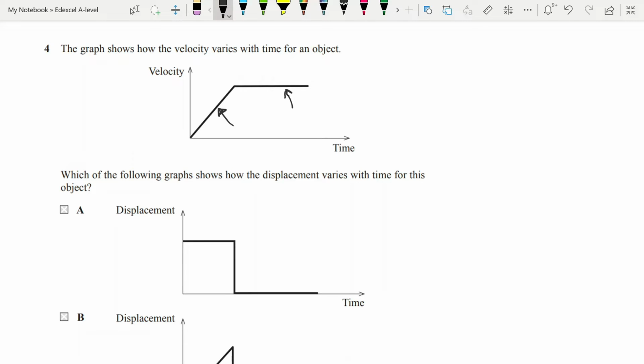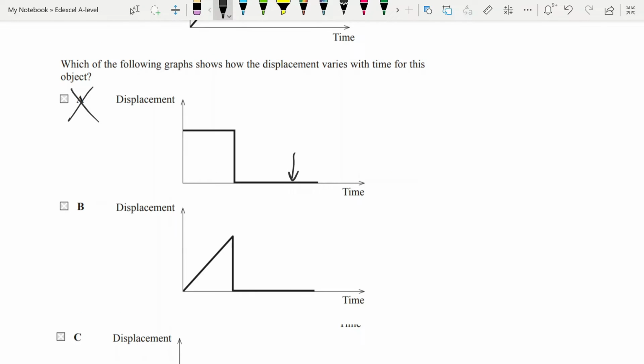So this means that A is not possible. For a start, for the second part of the graph, they're saying there's no displacement over time. And that's not true. We still have a velocity. The velocity has not dropped to 0. In the second one, we have the same problem. It's a misinterpretation that people might have where they think the velocity has dropped to 0 because it's become constant, but that's not true.